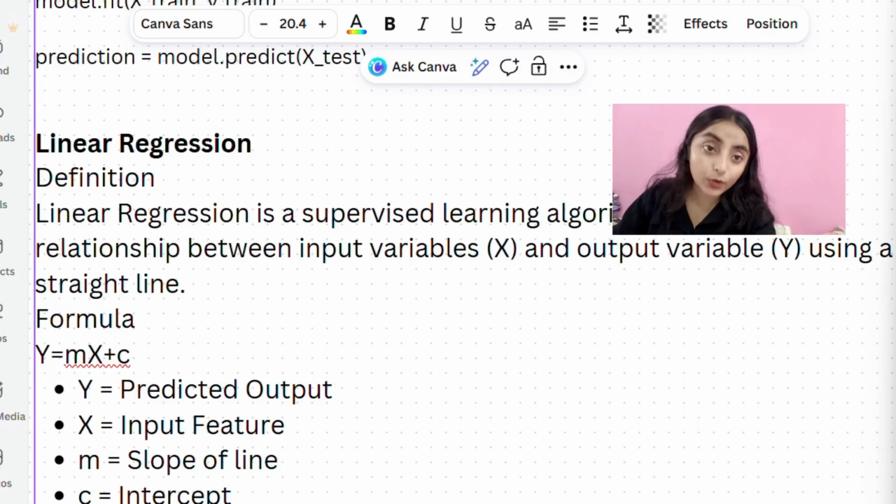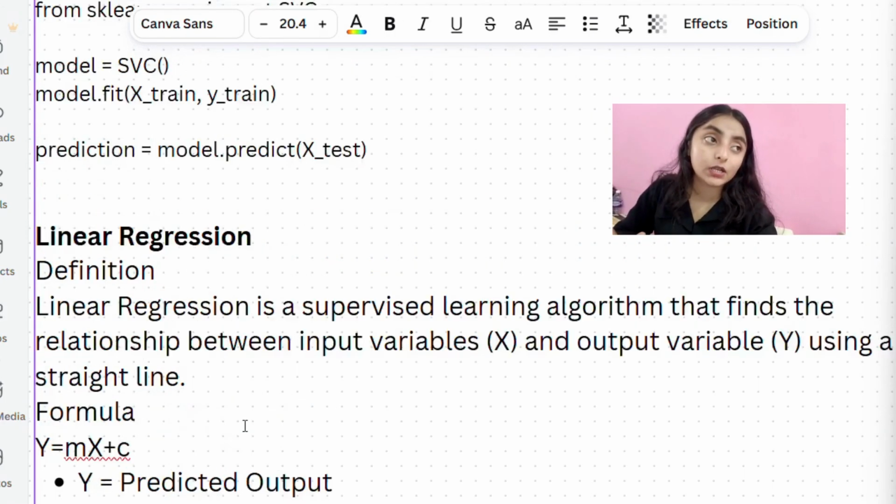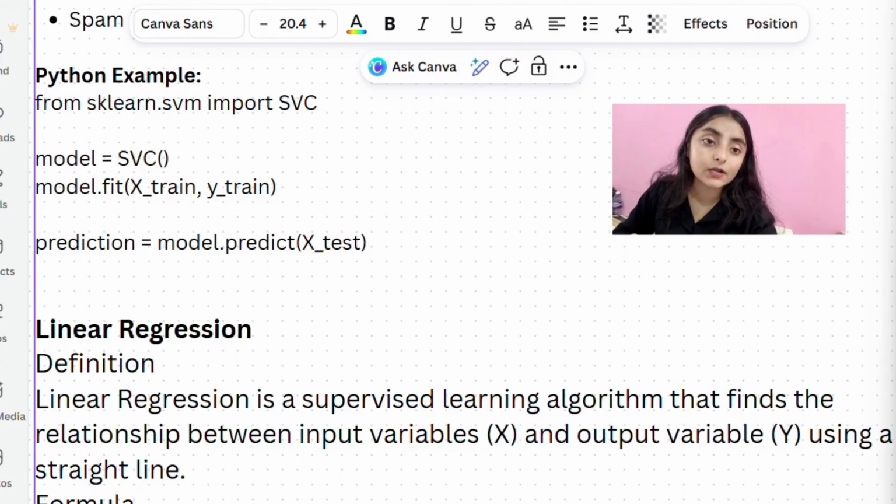Now a quick summary. Linear regression is the most fundamental supervised learning model, and one of the most used algorithms. It predicts continuous values using the best fit line, which for linear regression is a straight line. It is used for forecasting, pricing, and weather analysis.